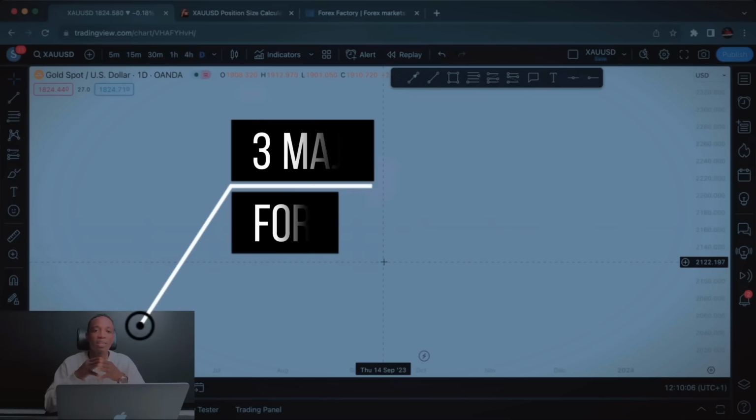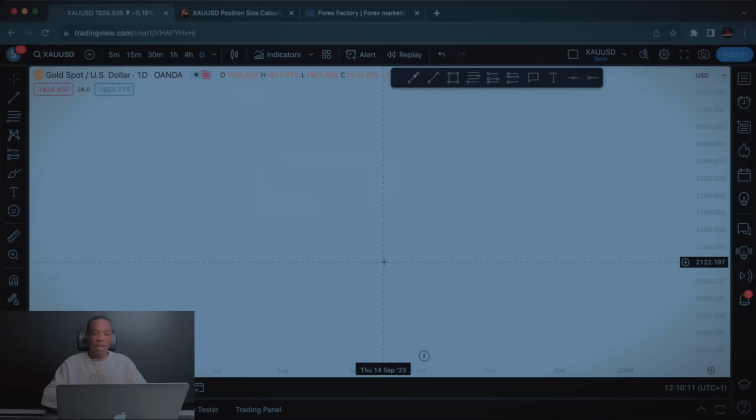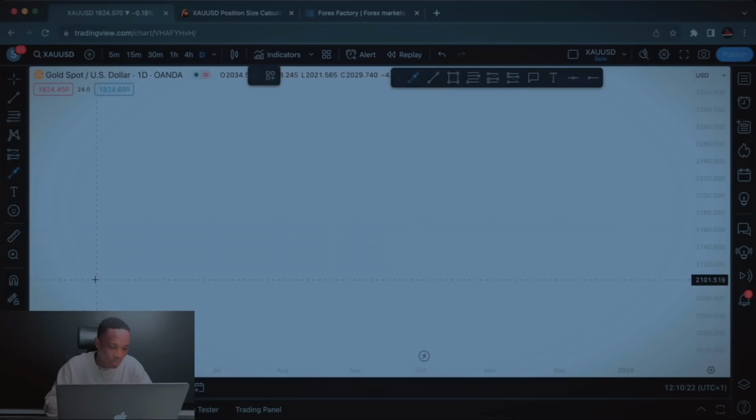Knowing that gold respects levels a lot, I have three major wave formats that gold moves in, which I've noticed through experience gold creating a lot of times. Number one is the normal wave format we all know. Let me show you guys.